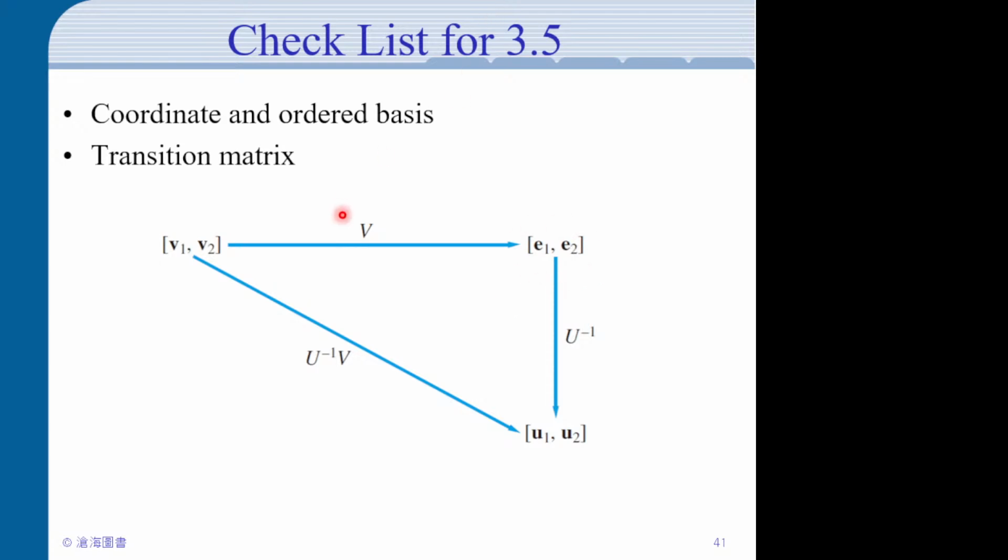Then you just multiply your coordinate with this matrix V, formed by listing v1, v2 together. And when you want to transform from e1, e2 to another basis u1, u2, you multiply by U inverse. So if you want to go from V to U, you do U inverse times V, the transition matrix. Okay, so that's 3.5.